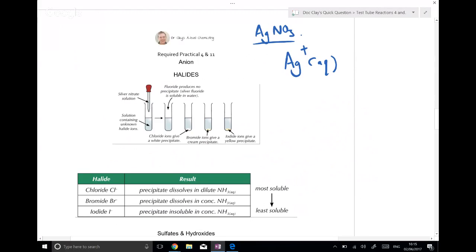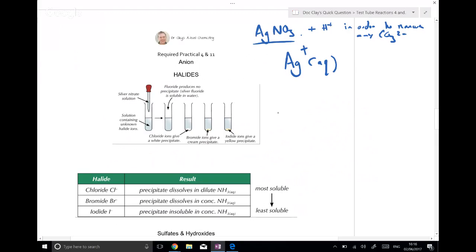The first thing that we always want to do, though, is acidify that solution in order to get rid of any carbonate in the solution. So the first thing here is to add some sort of acid in order to remove any unwanted carbonate ions, because you don't want to form something like silver carbonate.